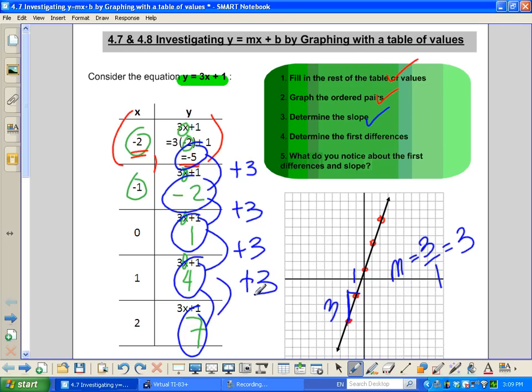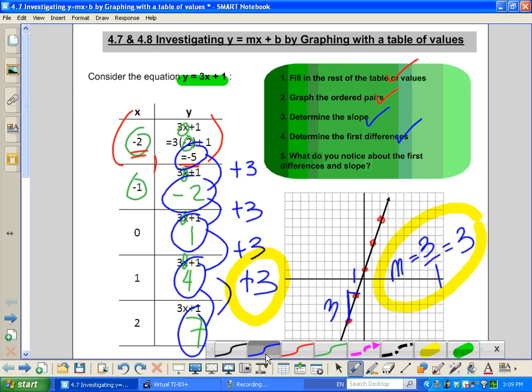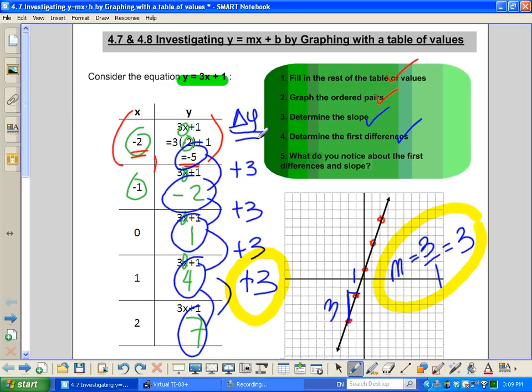Okay? And there's also another interesting happy coincidence here, right? We determine the first differences. You'll notice, I hope, that the first differences has something to do with the slope. Now, I'm not going to say that they are the same all the time. They happen to be the same because these first differences actually represent the change in y. They only represent delta y. They don't represent the slope, but they represent part of the slope.